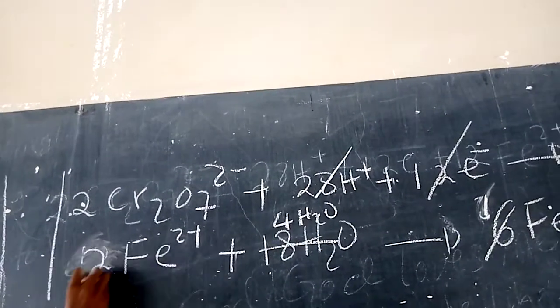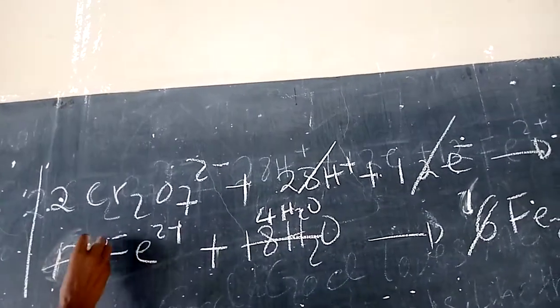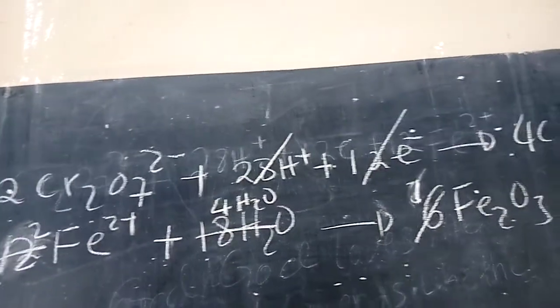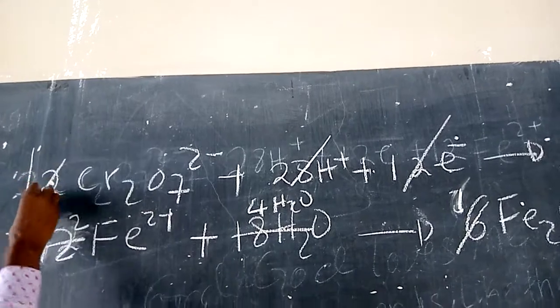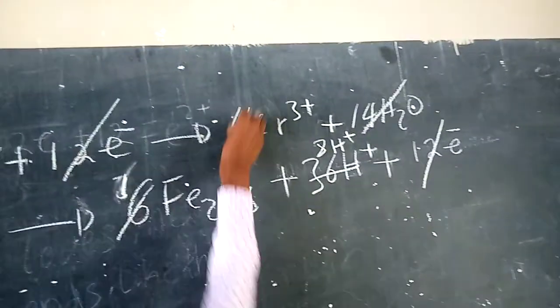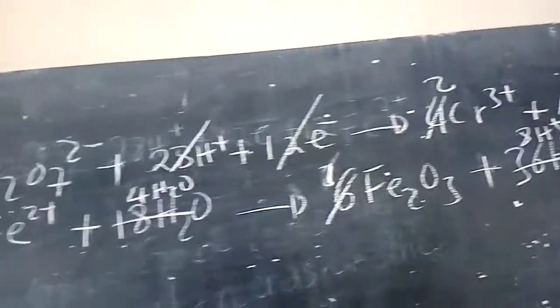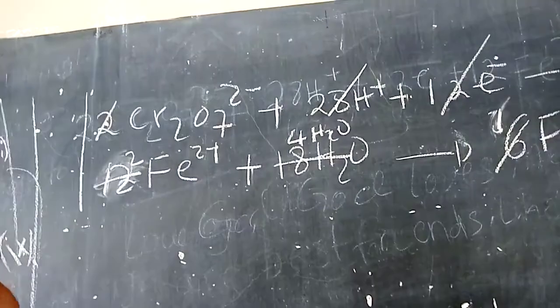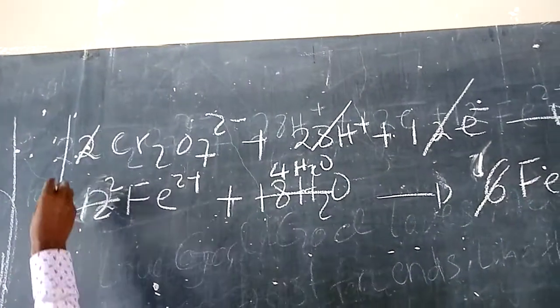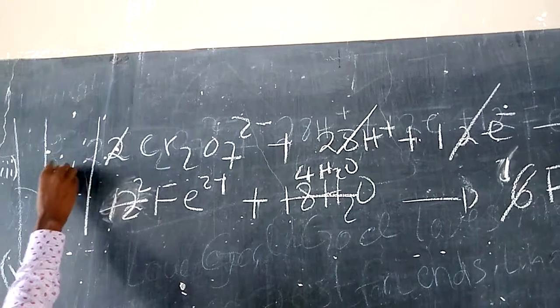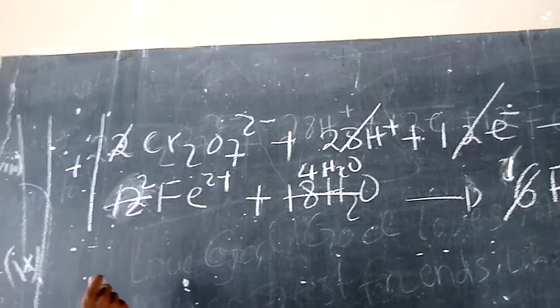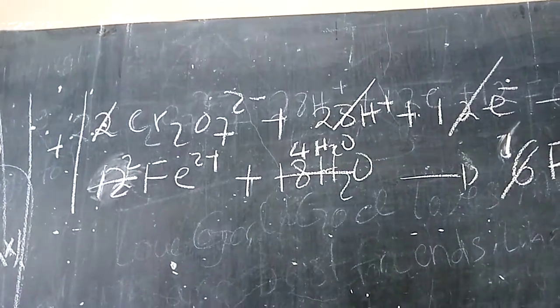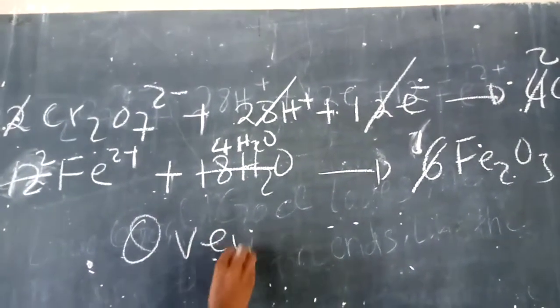Then by 2, 1, and here 2. Simplify. Very simple. So put the addition mark. It means you are going to add these two equations in order to get the overall equation.